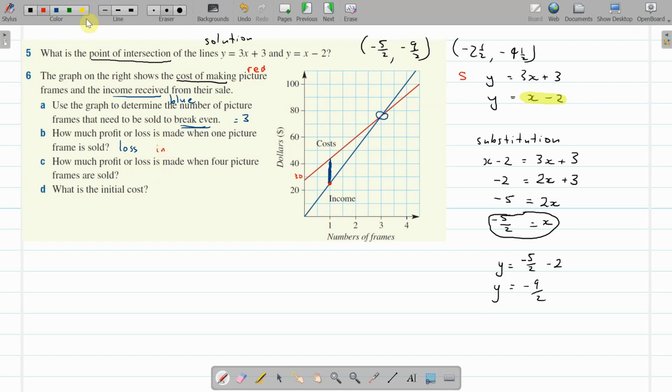Income, I'll put it in blue, is 25 and the costs looks like it's at about 45. Cost 45, so the loss is the difference, which is 20.